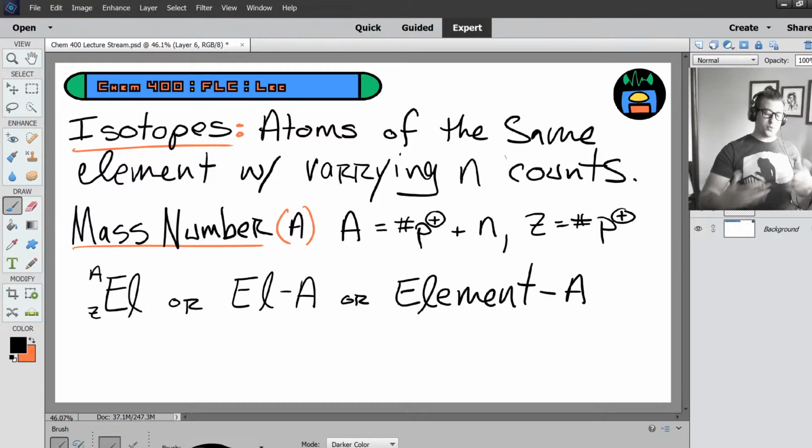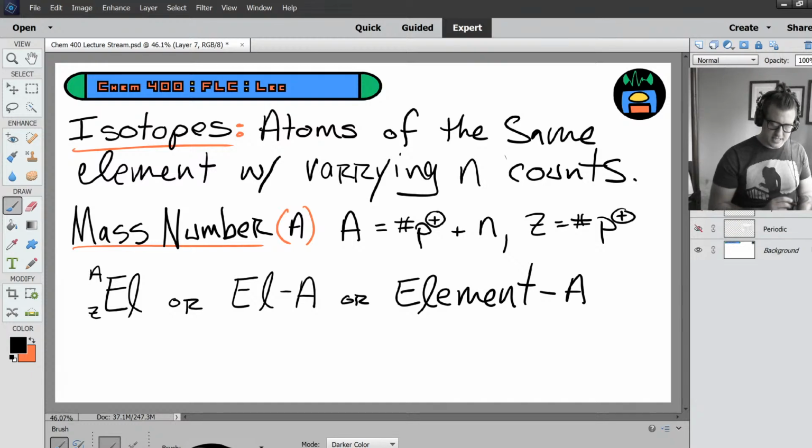All right, so these are the three formats you see isotopes written in. So this is kind of abstract. Let's actually sink our teeth into it.